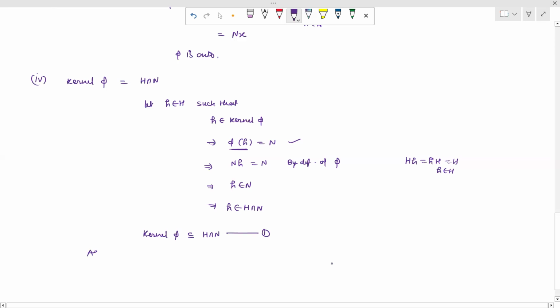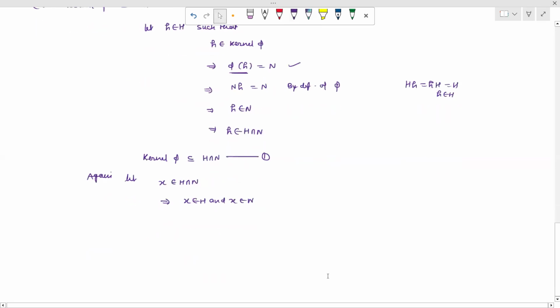Again, let x belongs to H intersection N. So this can be written as x belongs to H and x belongs to N. Now we write phi of x. Phi of x is equal to N x by definition.